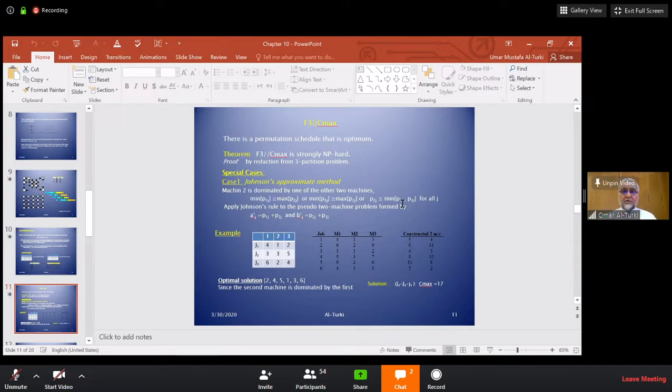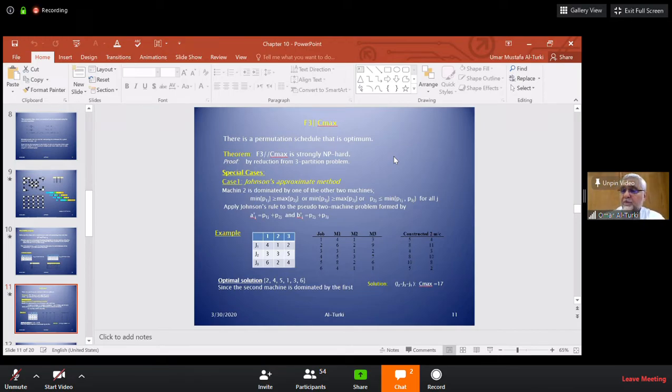The flow shop problem where we have 3 machines. Last time we talked about the flow shop with 2 machines. Now we're talking about the flow shop with 3 machines. In 3 machines, the problem in general is NP hard.